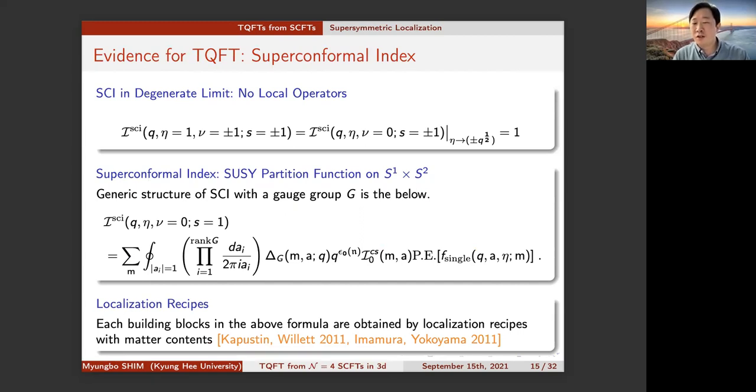The generic structure of the superconformal index with a gauge group is given in this way. Here I omitted the explicit details of localization, but the relevant and necessary information on the localization recipe is in our paper, so for more details, please consult our paper.